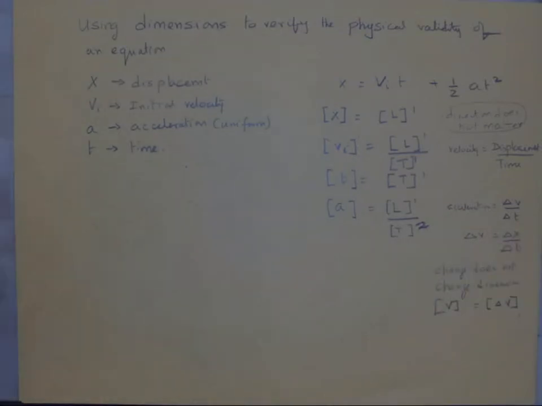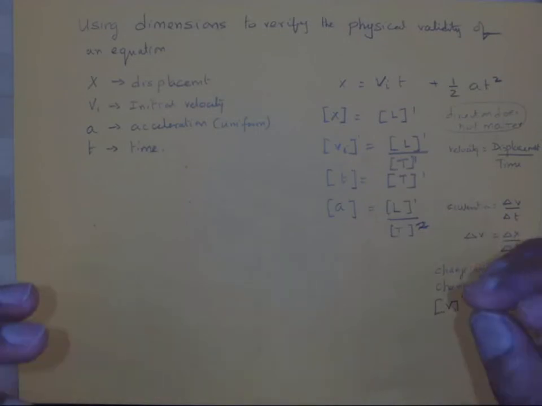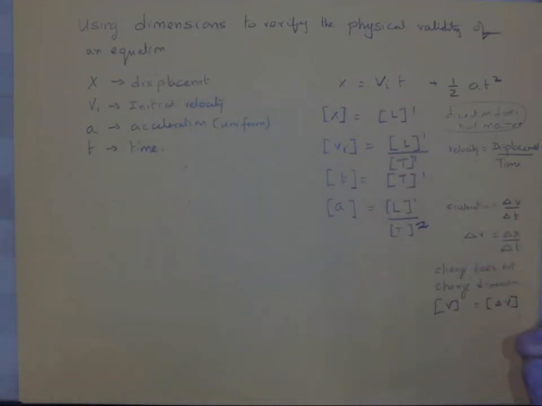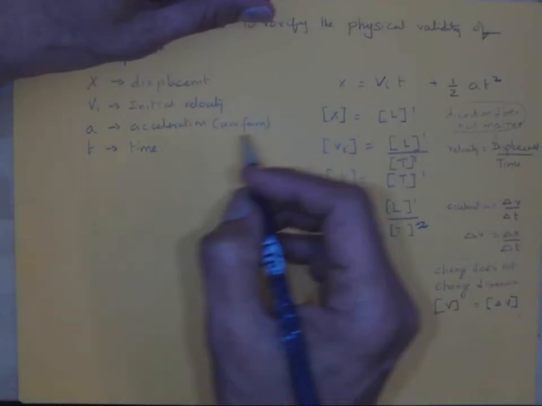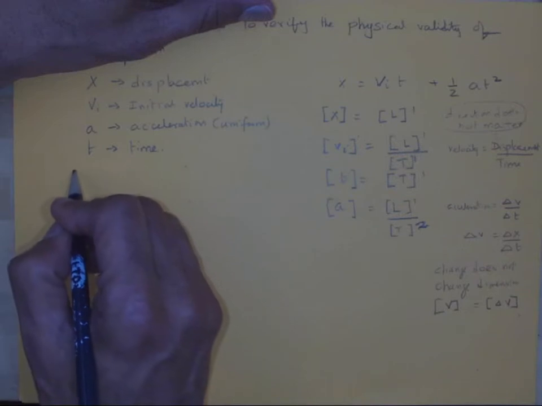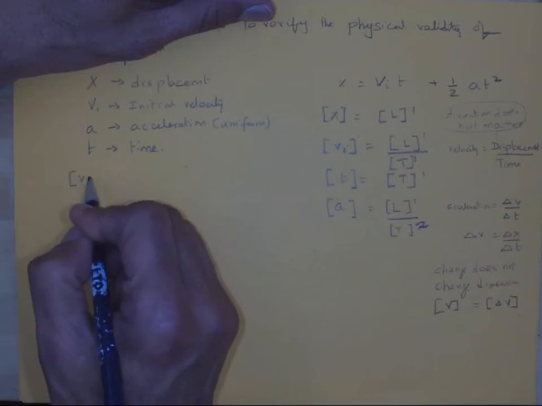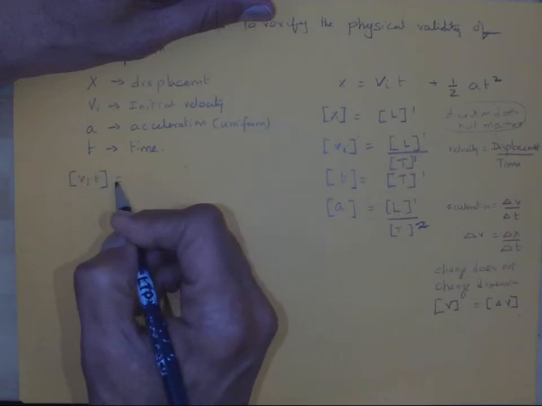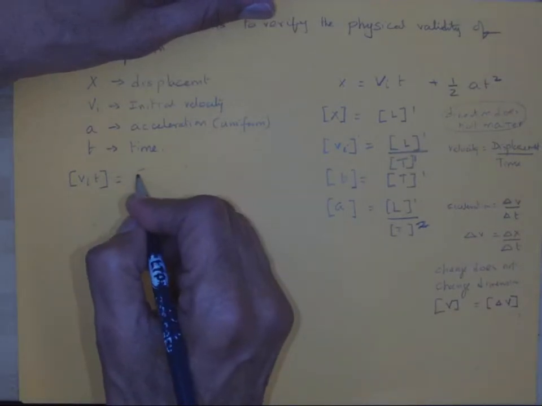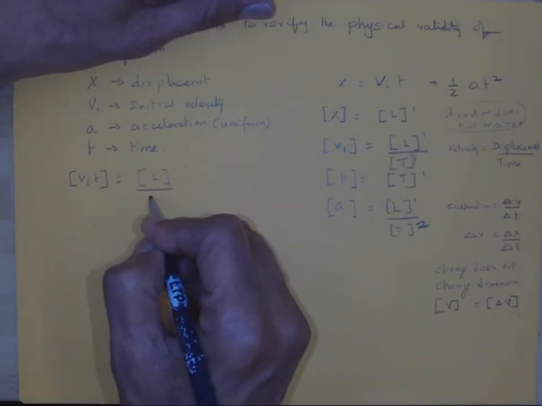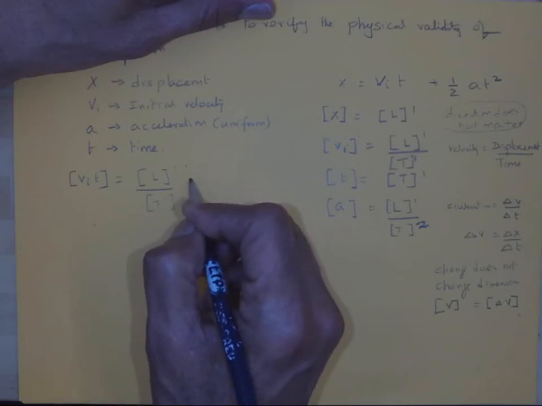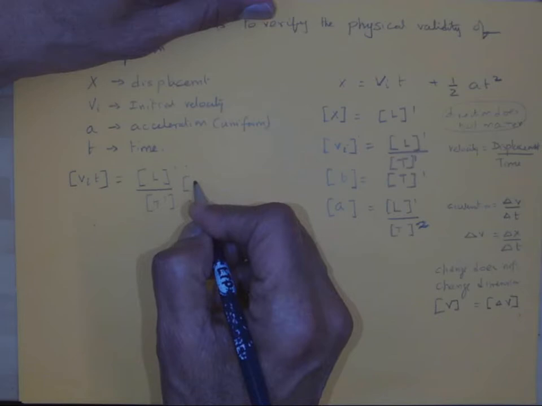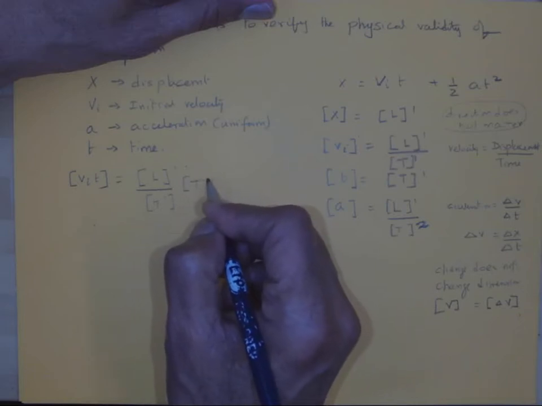Now, it's similar to the units we use. Quite often it's easier to write dimensionality using the units. Now, what does this mean? Let's find the dimensionality of v sub I times t. This term will have dimensionality L raised to 1 divided by t raised to 1 times dimensionality of time, which is t raised to 1.